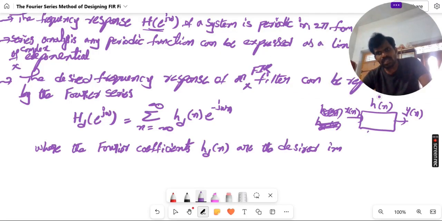When we consider the desired filter impulse response h d of n, it is related to the Fourier series of the frequency response of that desired filter, that is capital H suffix d of e power j omega.